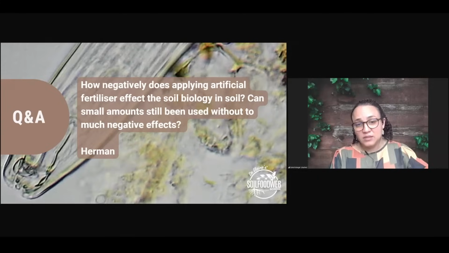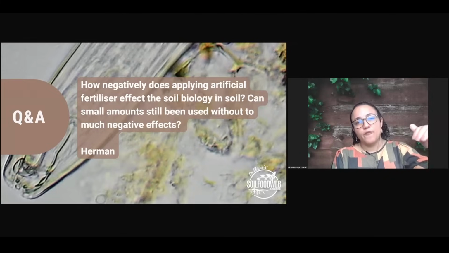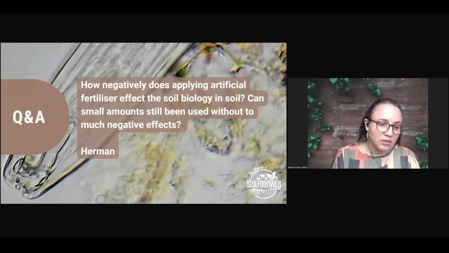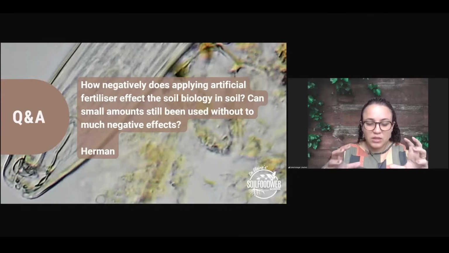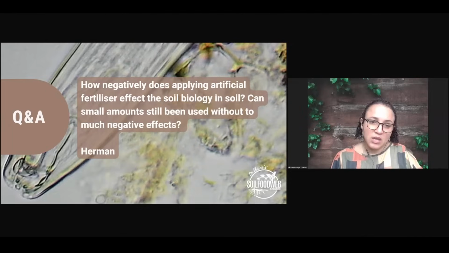And it accumulates over time. Without biology, the system will fall apart, unable to keep the structure and the water infiltration in place. So it's a cascade effect that we notice over the years.